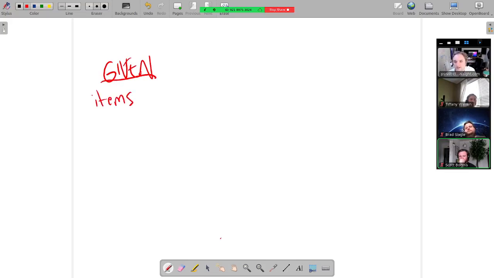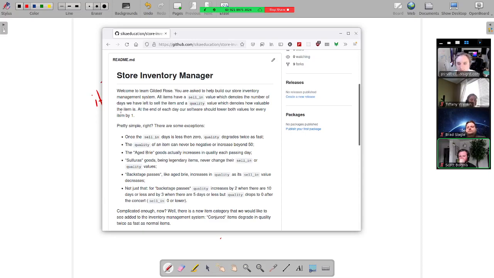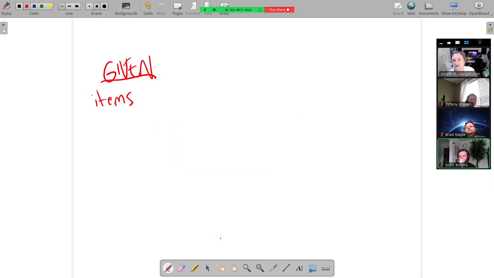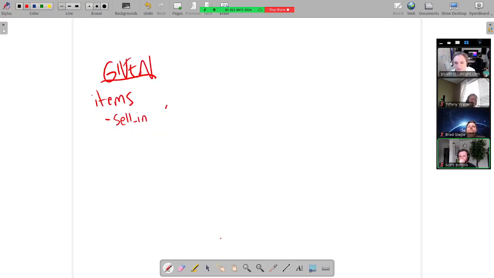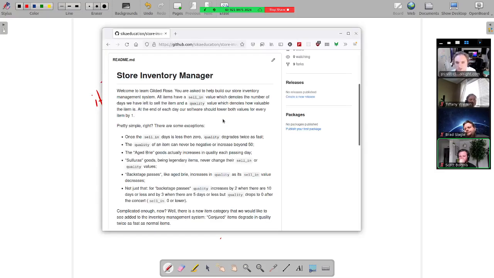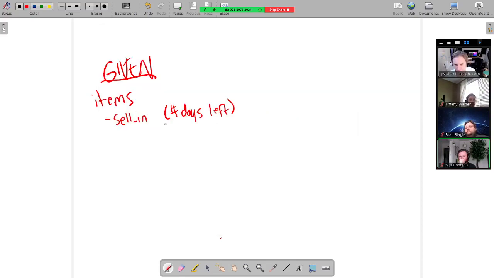So given some items, items have a sell-in value, which denotes the number of days left. And a quality value, which is how valuable it is.